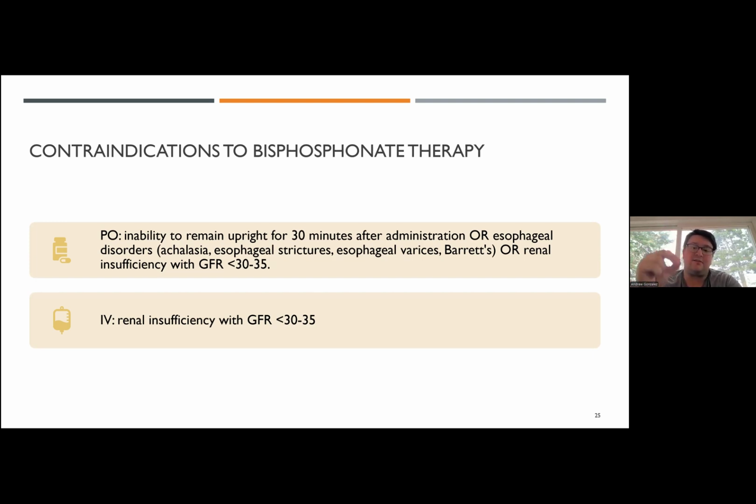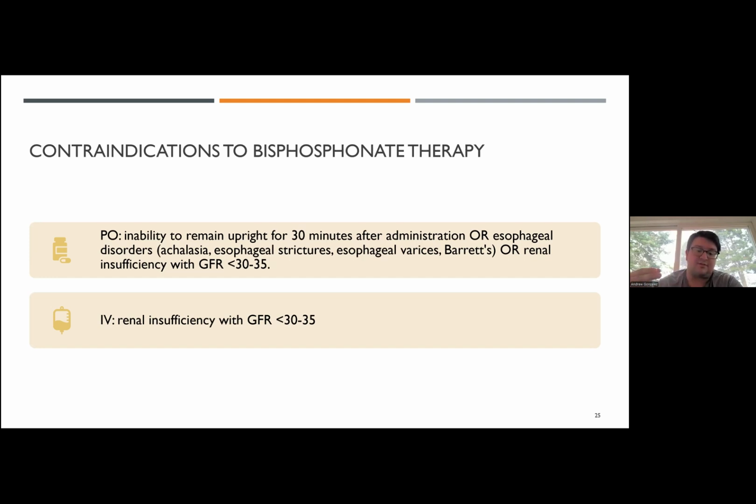Why those two things? High degree of pill esophagitis with bisphosphonates. You don't want to be causing harm to the esophagus from these medications. And this is just a general thing for all bisphosphonates. Renal insufficiency is a contraindication. You cannot give it to patients with a GFR lower than 30 to 35.